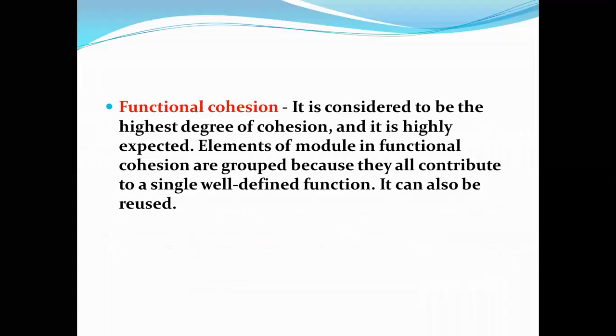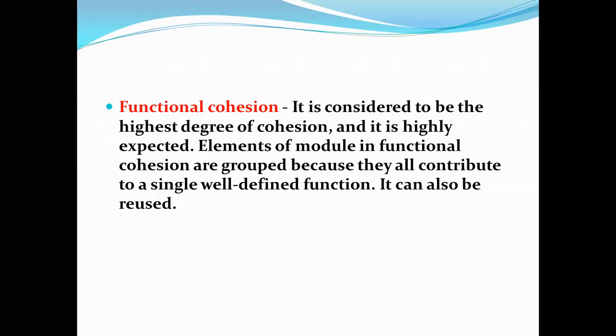It is considered to be the highest degree of cohesion. By the highest degree of cohesion we mean the module having the highest cohesive degree. We can say the most cohesive is the functional cohesion. It is highly expected. Elements of the module in functional cohesion are grouped because they contribute to a single well-defined function that can also be reused.